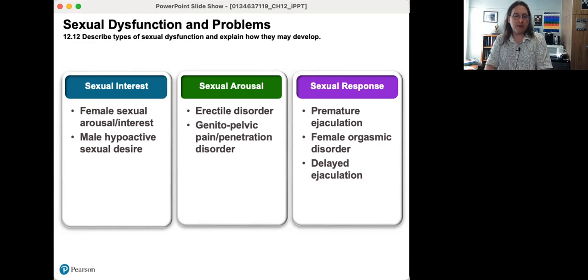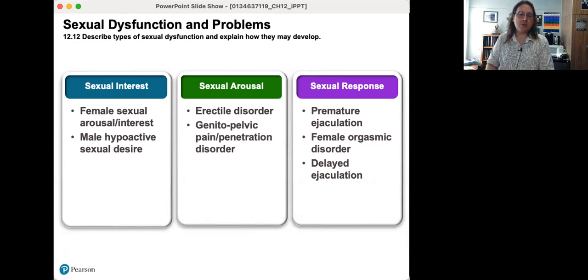For women, genito-pelvic pain/penetration disorder occurs if the woman experiences pain during intercourse. So that might be a turnoff for them. That might detract from arousal.